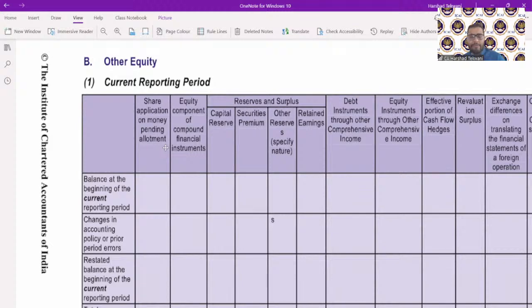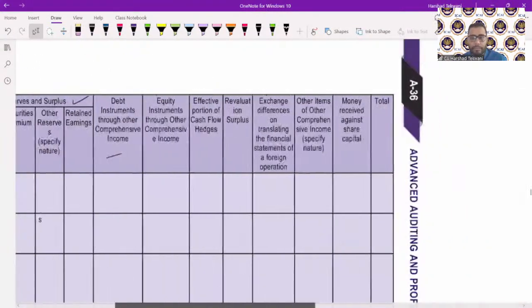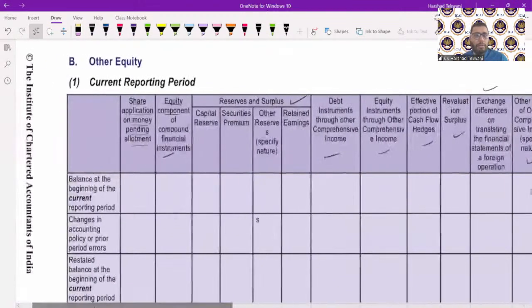But when you have full-fledged or more items, you need to disclose share application money pending allotment, equity component of compound financial instruments, then reserves and surplus, debt instruments through OCI, equity instruments through OCI, effective portion of cash flow hedges, revaluation surpluses, exchange differences on translating the financial statements of foreign operations, other items of OCI, money received against share warrants, and these all become part of your other equity.